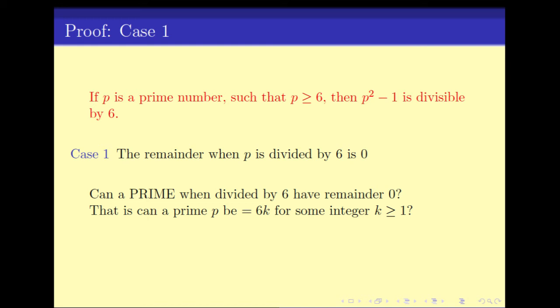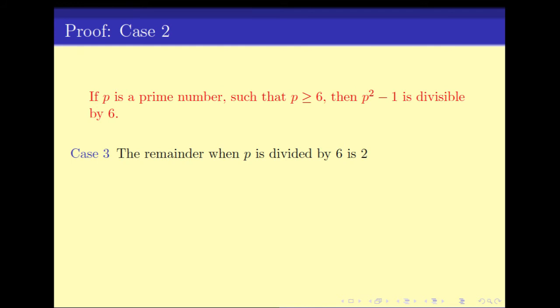By the definition of a prime, it cannot be divisible by any smaller number. But here we can see that a number which is 6 times some integer k is of course divisible by 2 or 3. So thus a prime cannot be 6 times k, and hence case 1 cannot exist. It's not a valid case. So done.